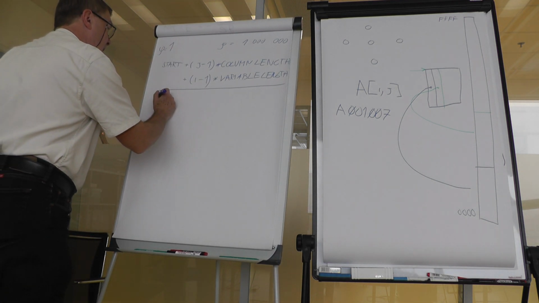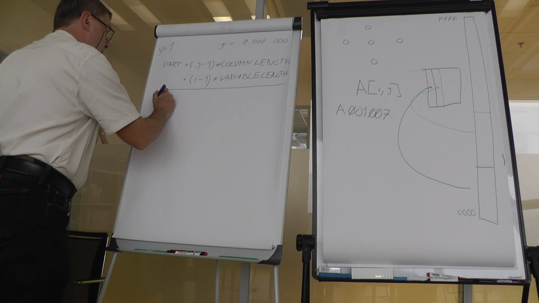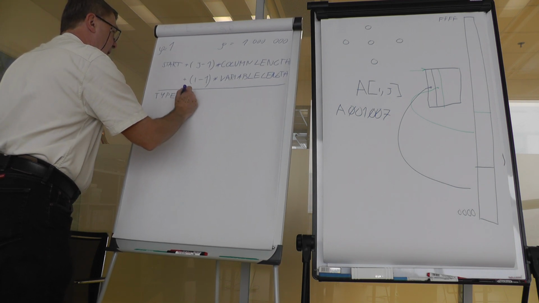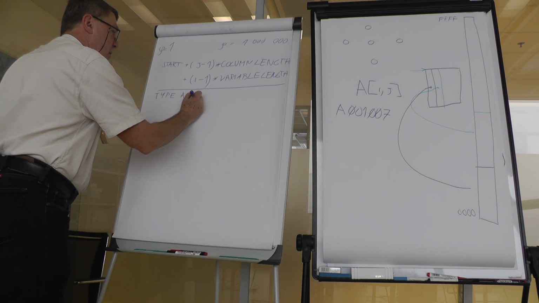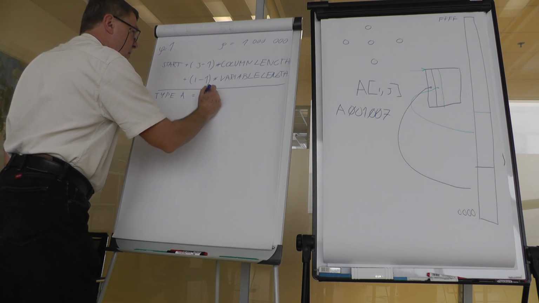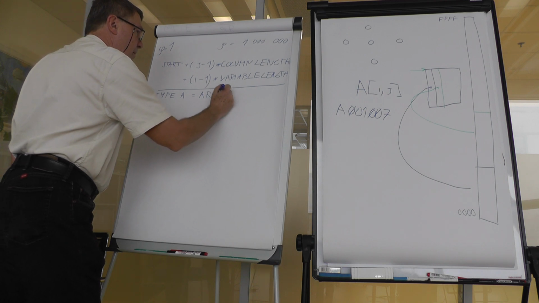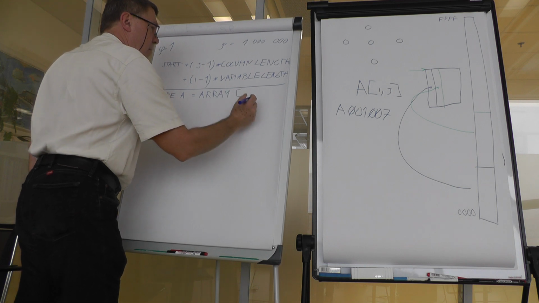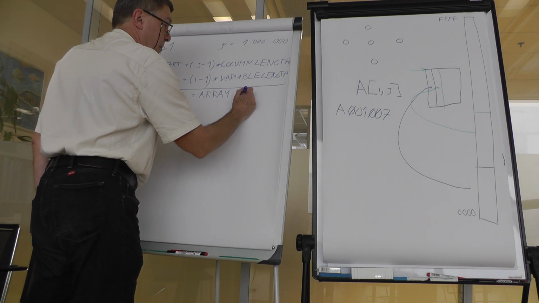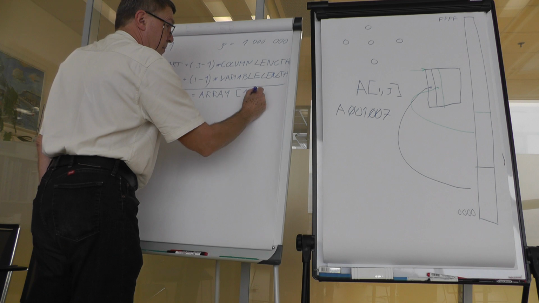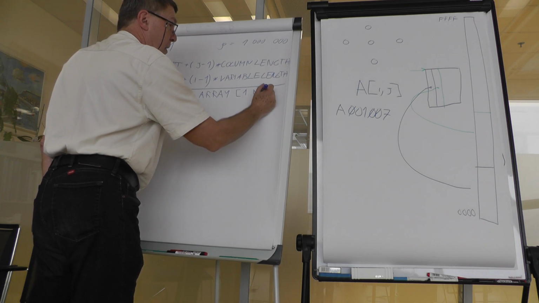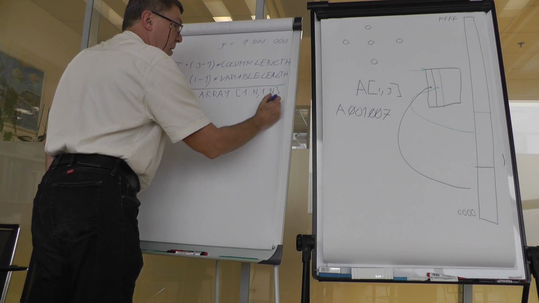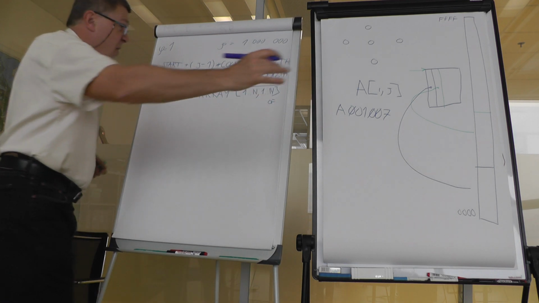For example, I can define type A is an array 1 to n of integer, for example.